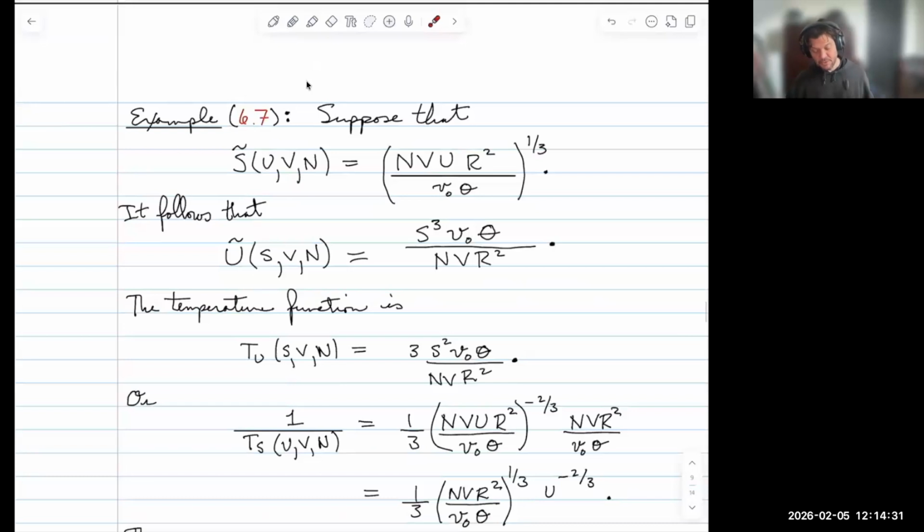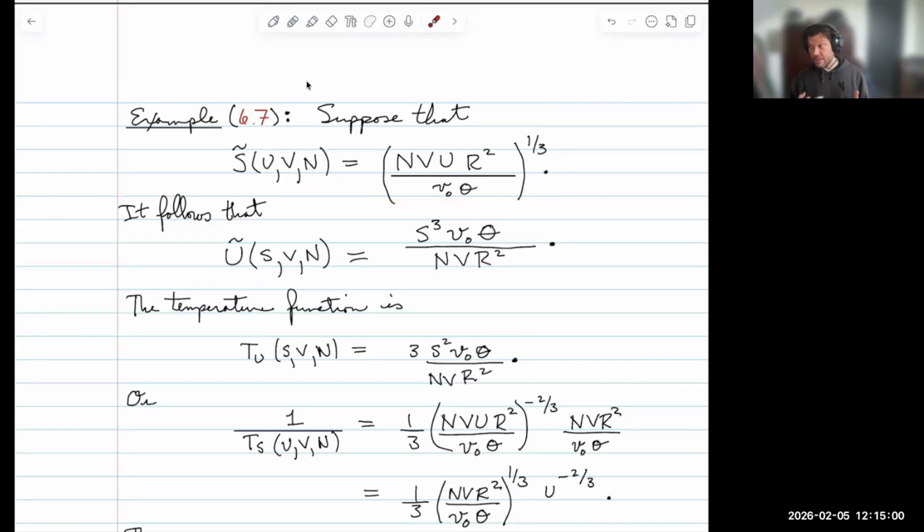Let's, as we usually do, look at an example to see what we're talking about and hopefully have a useful example. I'm going to throw in the example that we've used again and again over time. That is this thermodynamic relation involving this cube root. The entropy fundamental relation as a function of U, V, and N is given by this equation over here.